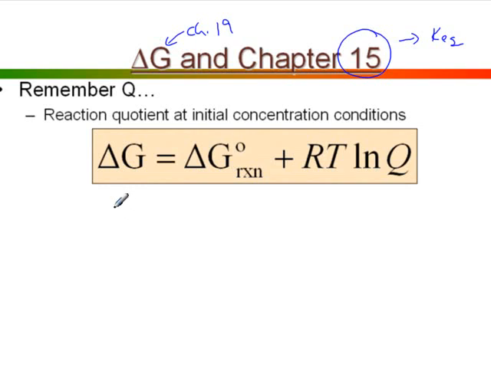If we know the conditions at which they're occurring, then thermodynamics allows us to make predictions based on just calculations. We can start understanding things that we can't possibly, or not easily, measure directly. That's why I like this chapter so much. I like thermodynamics.